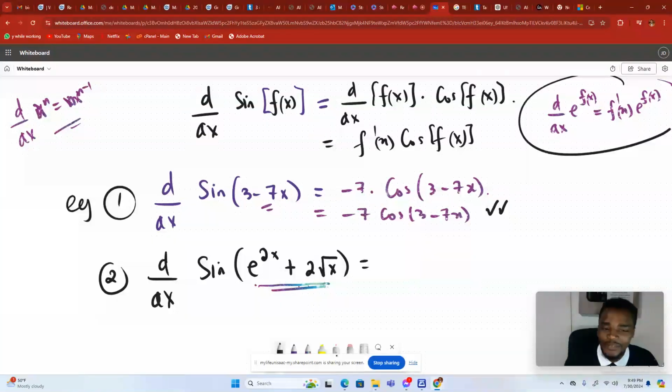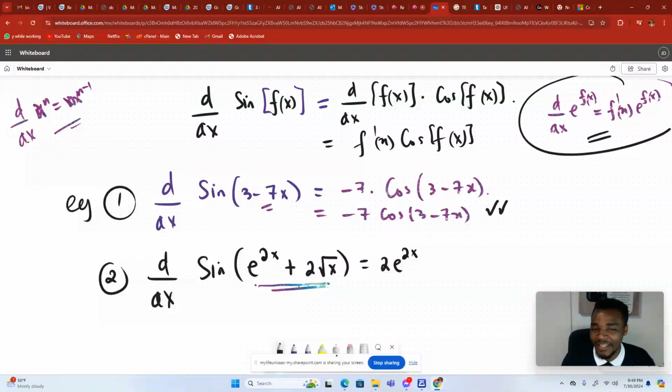So here, for us to differentiate e to the power of 2x, we need to differentiate the power, and the derivative of 2x gives us 2. So we take that 2 and multiply by the function, which is e to the power of 2x, like we see in this rule that we've covered in another video. So the derivative of e to the power of 2x is 2 times e to the power of 2x.